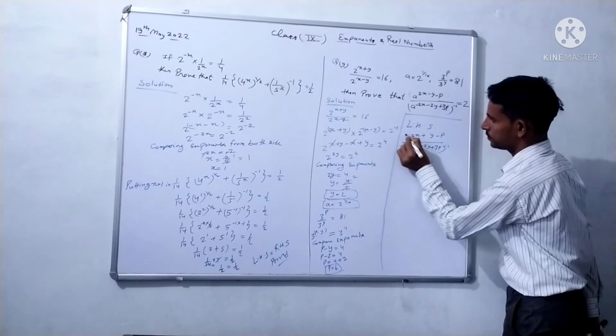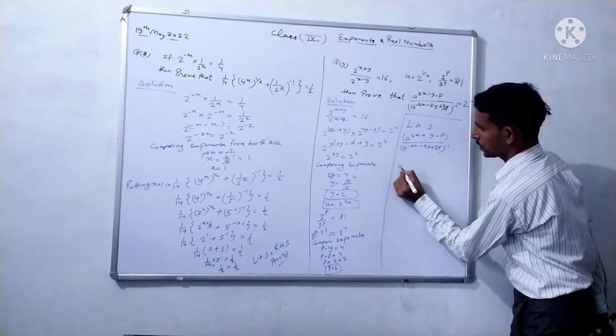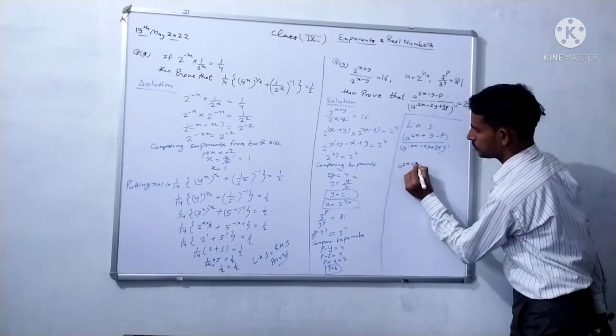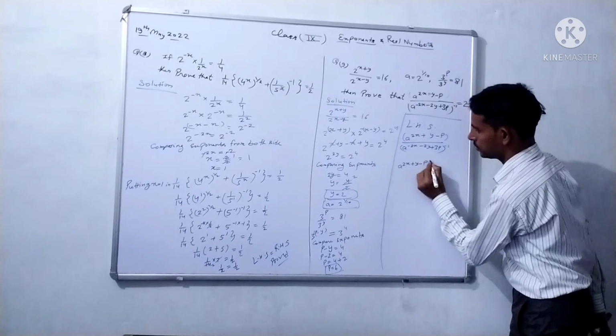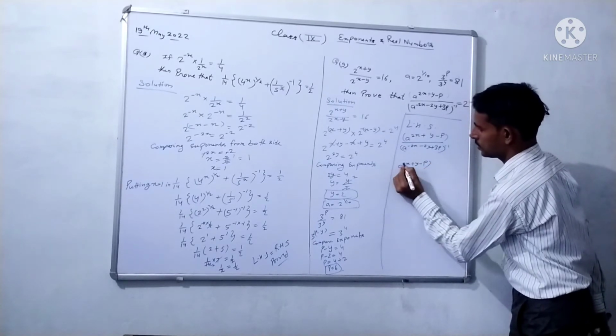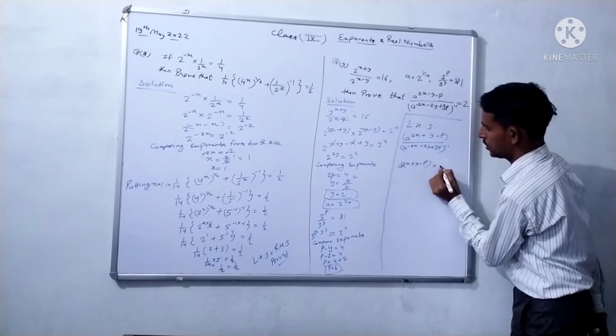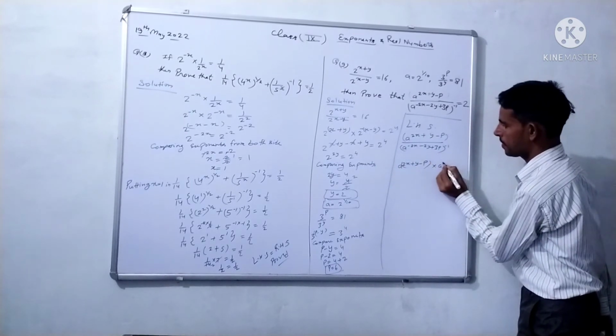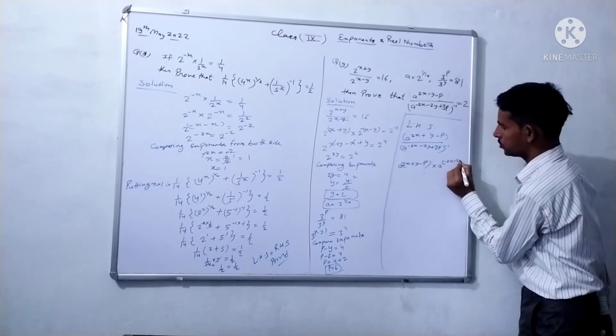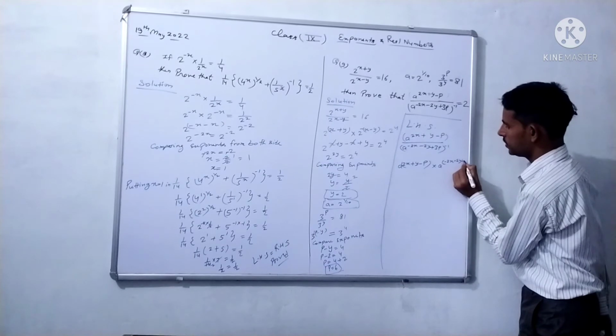We can write a^(2x+y-p) into a^(-2x-2y+3p).